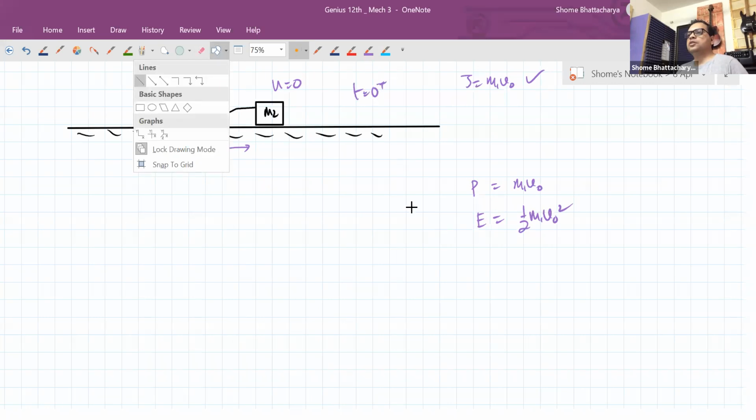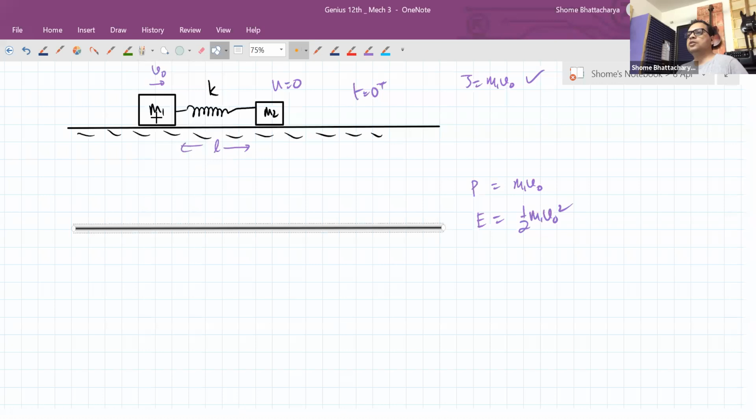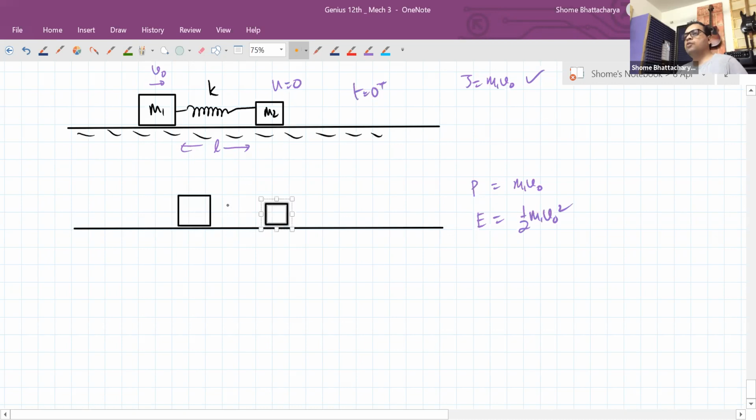After some time, my system has reached this situation where the momentum of A has carried it forward, but it has also pushed the spring against B. So B has also got pushed a little. However, A's momentum is more than B's, so the spring is in the process of compressing. So this has become L minus X now.